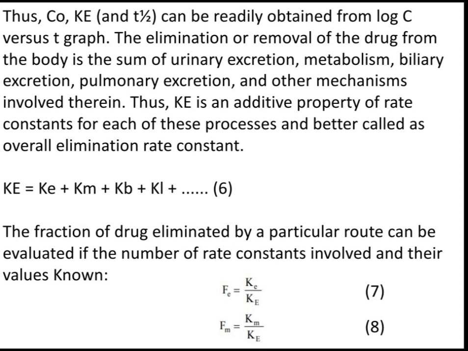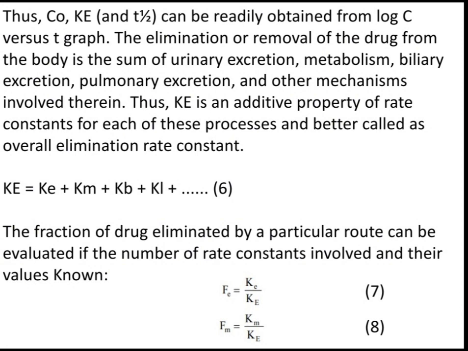The elimination or removal of the drug from the body is the sum of urinary excretion, metabolism, biliary excretion, pulmonary excretion, and other mechanisms involved therein. Thus, Ke is an additive property of the rate constants for each of these processes and is better called the overall elimination rate constant. Ke = Ke + Km + Kb + Kl + ..., equation 6.